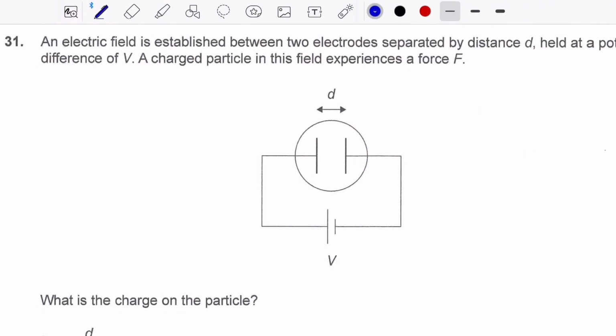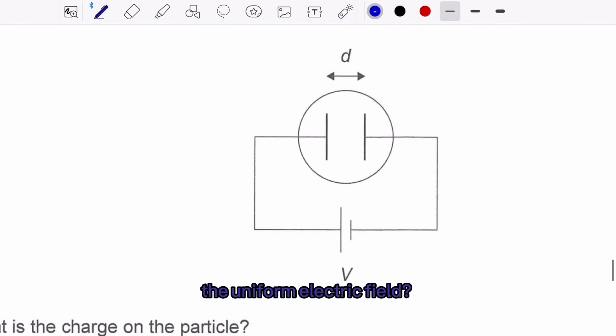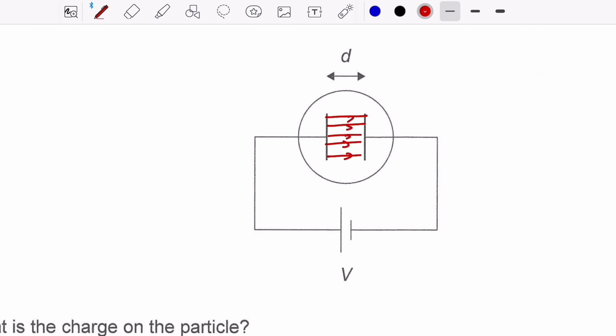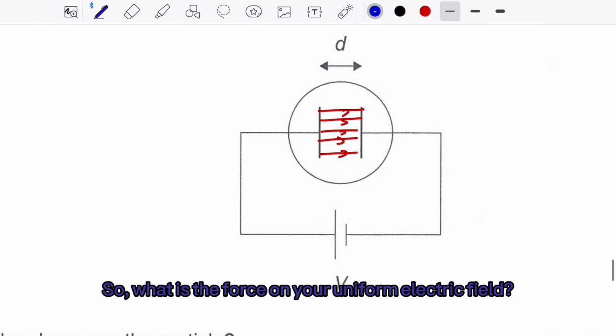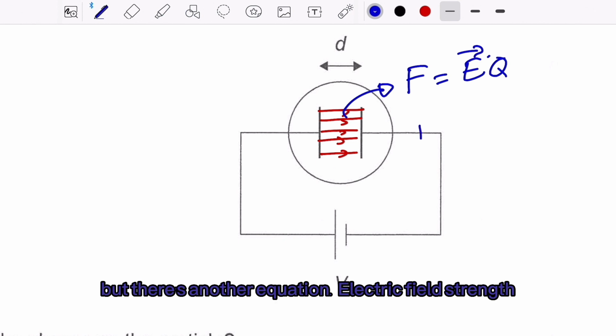Question 31. This is about a uniform electric field. Where's the uniform electric field? According to this picture, the uniform electric field is here from positive to negative. So what is the force on the charge in the uniform electric field? F equals EQ. E stands for electric field strength. But there's another equation.